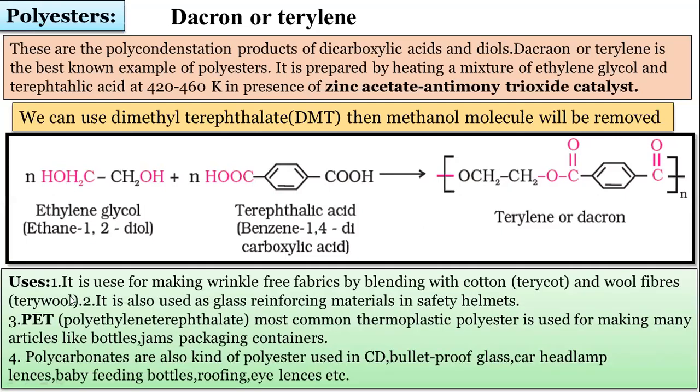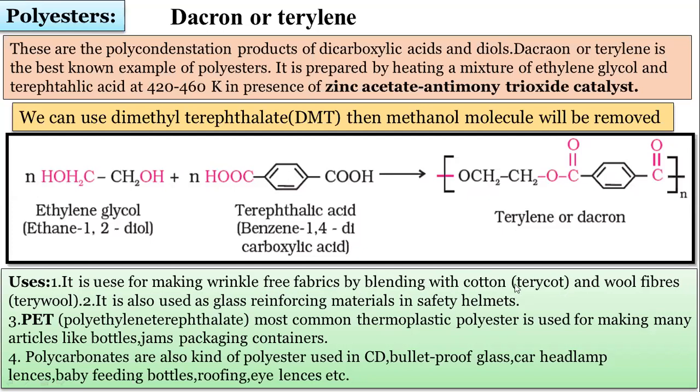See, what are the uses of these polyesters? It is used for making wrinkle-free fabrics. Wrinkle-free, nowadays it is very familiar. All the students know what wrinkle-free is. Ironing is not required for wrinkle-free fabrics, and these are blended with cotton.